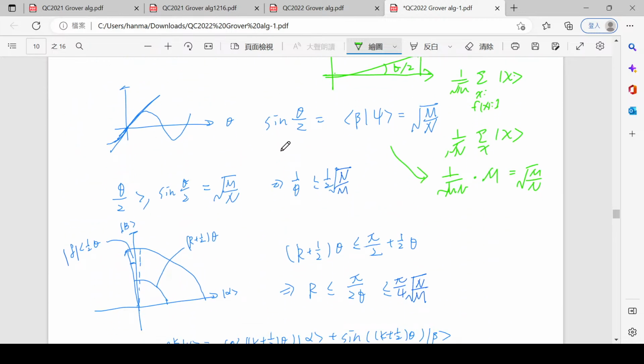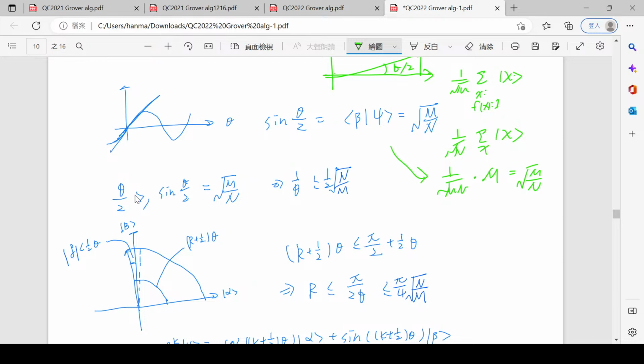And now we do some approximation. So sine theta over 2 equals this, but if we want to do arcsine, it's annoying, so we do some approximation. Now it's calculus time. We say theta over 2 is just bigger than sine theta over 2. Okay? Because if you plot sine, and you plot the line y equals x, you find out the sine function is always lower than this line. And so we approximate sine theta over 2 by theta over 2.